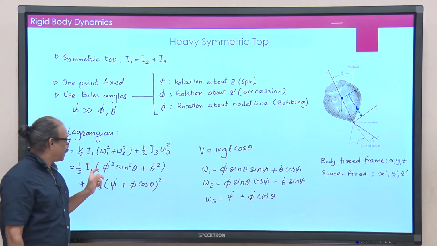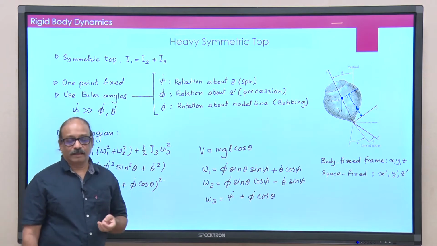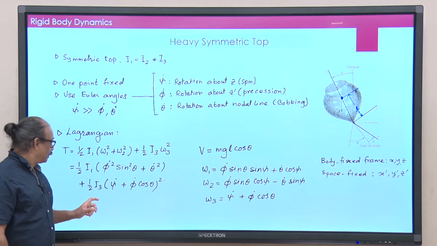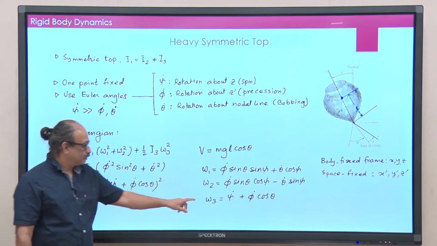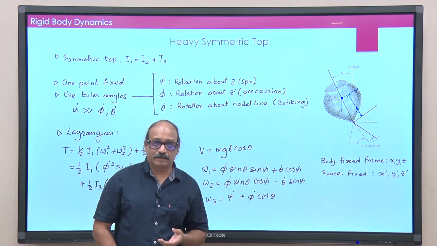So, the first part actually simplifies neatly as phi dot square sin square theta plus theta dot square, and this term I will write it as it is, half I3, and then there is a psi dot plus phi dot cos theta. Okay.